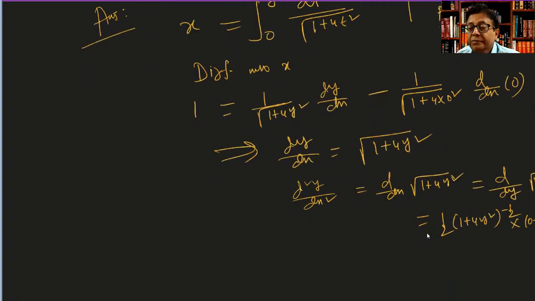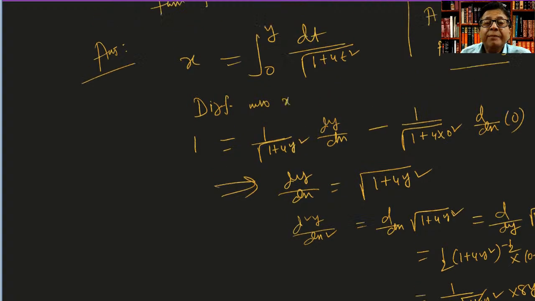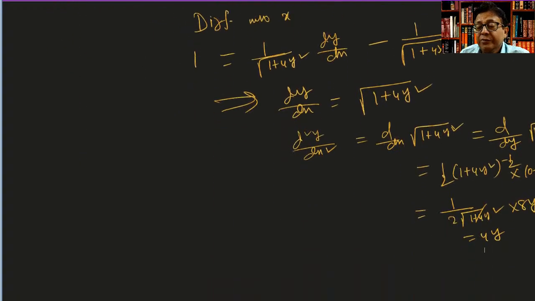Clear? So this is going to be 1 by 2 root over, into 8y, into dy by dx. That is, so these two getting cancelled, it is 4y. They have given d square y by dx square is ky.